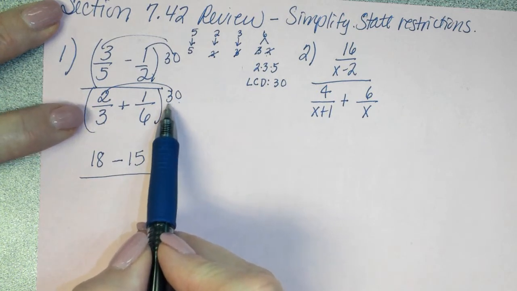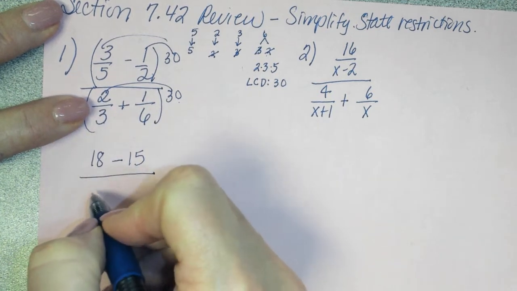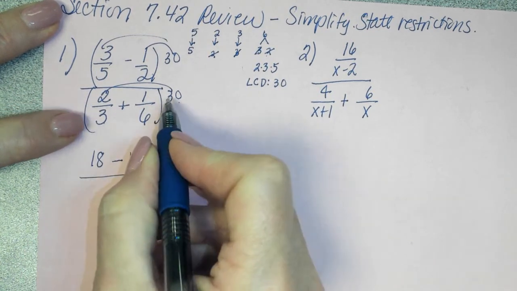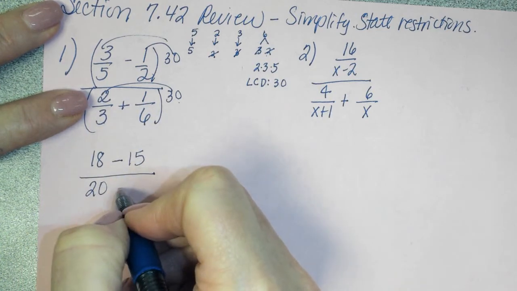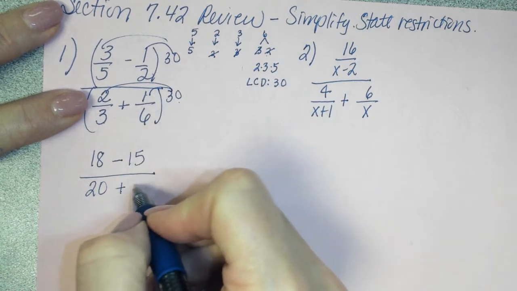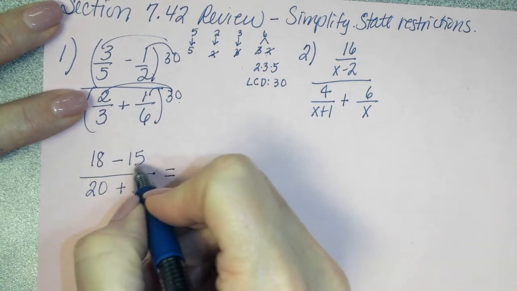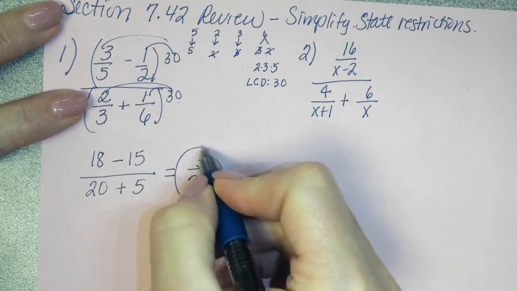To do that quickly, I do 30 divided by 3 and then times 2. What is that? 30 divided by 3 is 10, times 2 is 20, plus, and then I can do 30 divided by 6 and get 5. So 18 minus 15 is 3 over 25.